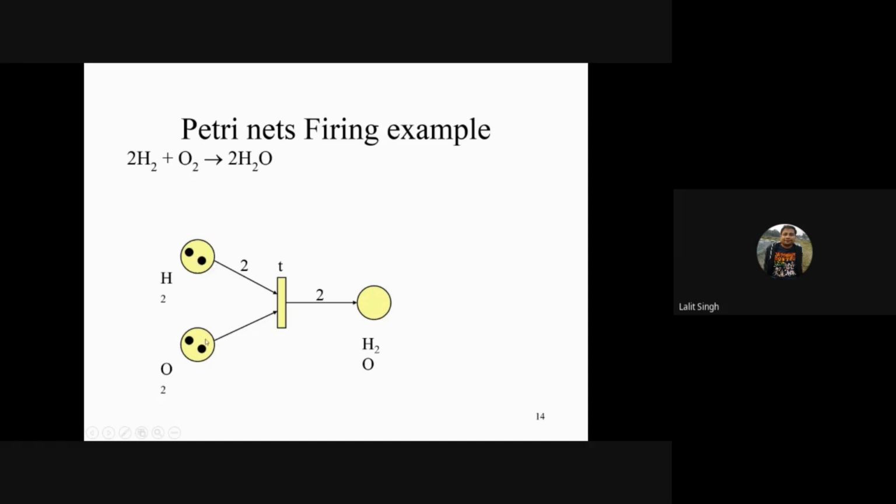Oxygen contains 2 atoms, so I am using 2 tokens. And more importantly, the distribution of the tokens among all the places represents the state of the system. So here, the distribution of the tokens is 2, 2, 0, because hydrogen contains 2 tokens, oxygen contains 2 tokens, and water contains 0 tokens. So 2, 2, 0 is the distribution of the tokens.